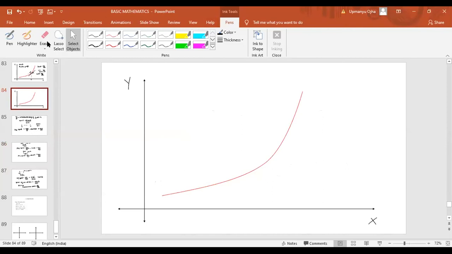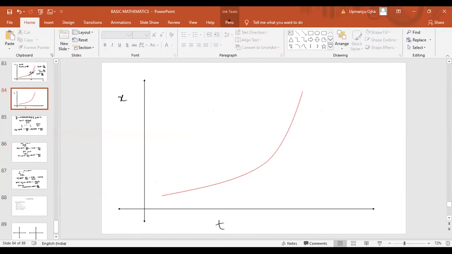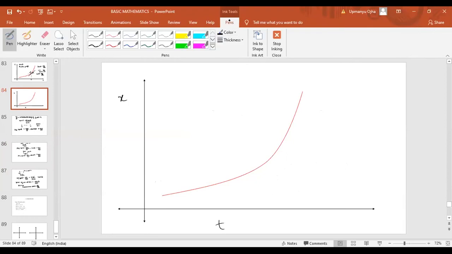Like the example I have given to you, on the y-axis we have the distance covered, on the x-axis we have the time. Let us suppose at 2 hours, what was the speed of the car?